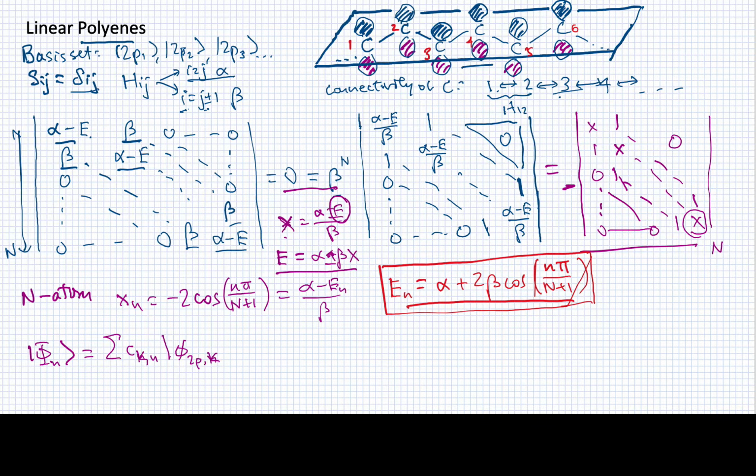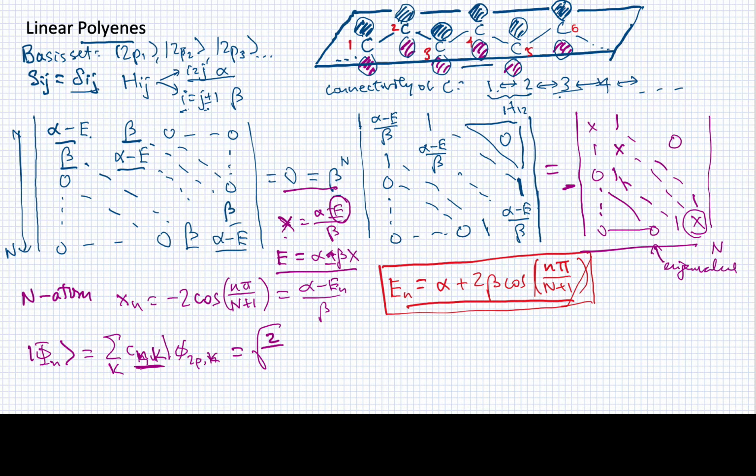Now let me make these k's. Summing over k. And I can solve for these coefficients by solving this eigenvalue problem. This is basically a matrix eigenvalue problem. And when I get those coefficients, it ends up being something like this.